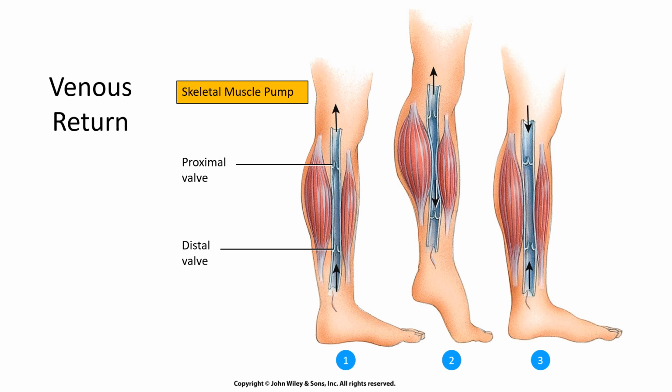Now remember that veins have valves in them. And the reason they have valves is because, again, there's almost no pressure in these vessels. Blood is going to be squeezed. When the vessel is squeezed, blood will try to move in both directions, but it can't move down in this case because it will collect in the cusps and cause the valve to close. But it can move up.